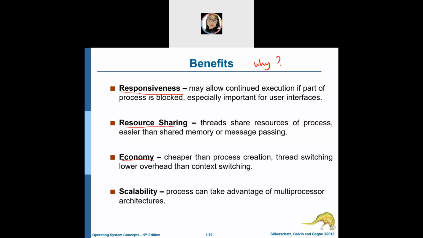Third is economy: it's cheaper than process creation, and thread switching has lower overhead than context switching. And lastly, scalability, where a process can take advantage of multiprocessor architecture. So these are all the advantages that you need to remember.